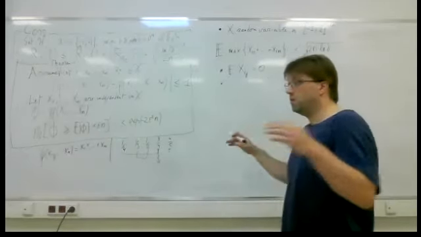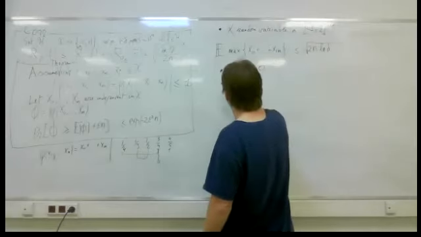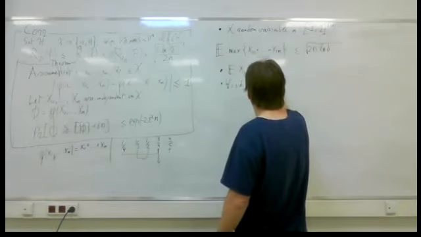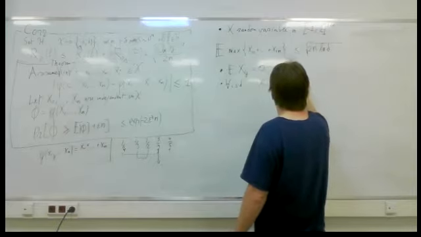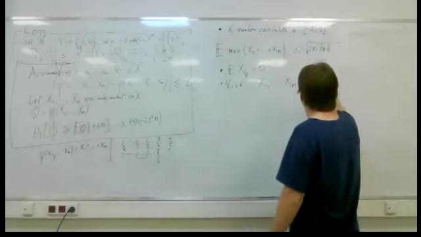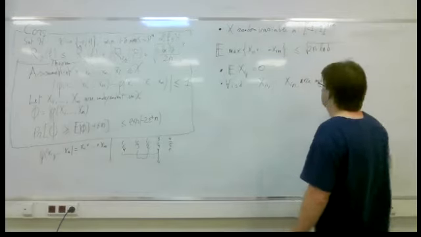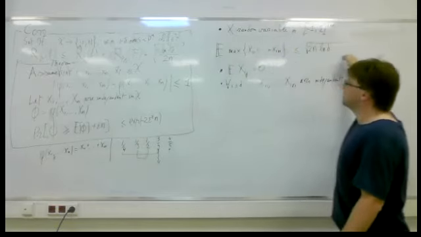So in every row, the variables are independent. So for all i smaller than or equal to d, x_i1, ..., x_in are independent. Okay, and if these three assumptions are satisfied, then this inequality holds.